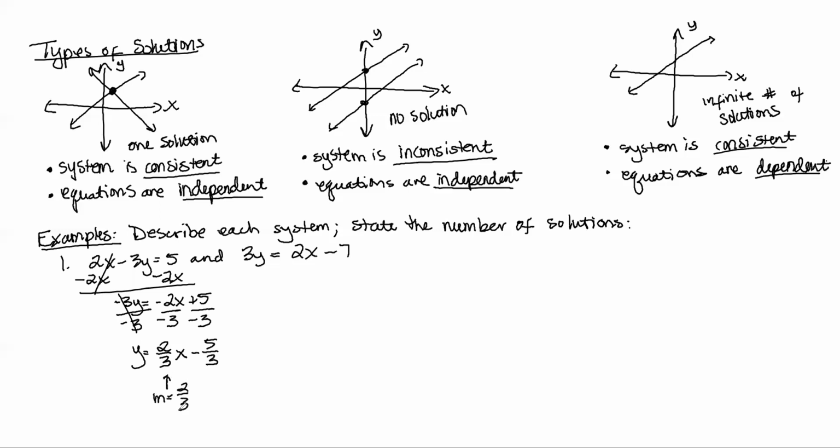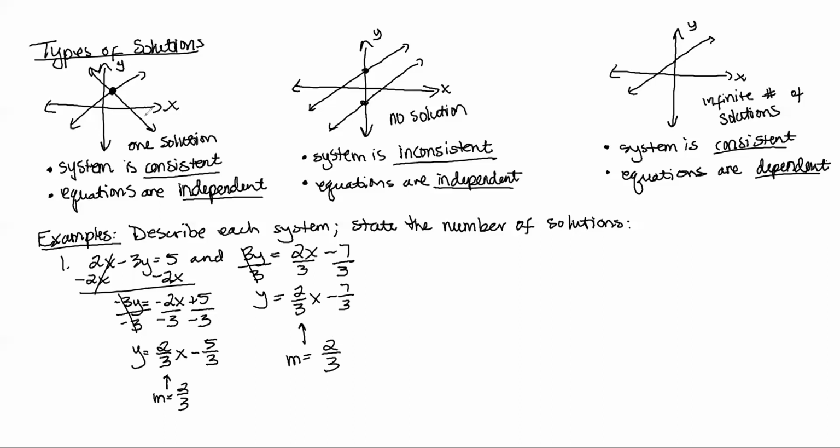And then if we look at the second one here, we go ahead and divide both sides by 3. We get y equals 2/3 x minus 7/3. So again, our slope is 2/3. So once you narrow it down to having the same slope, we can't have this first case.